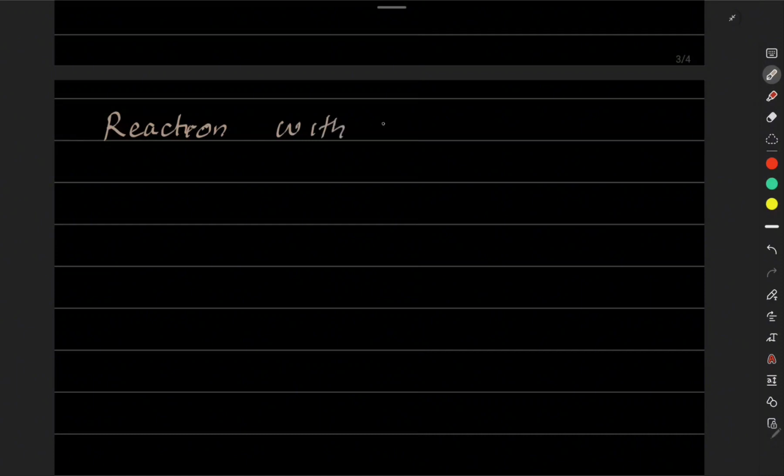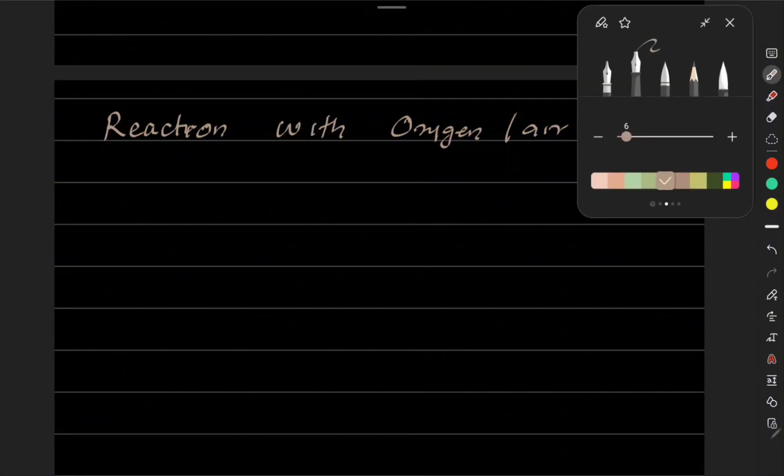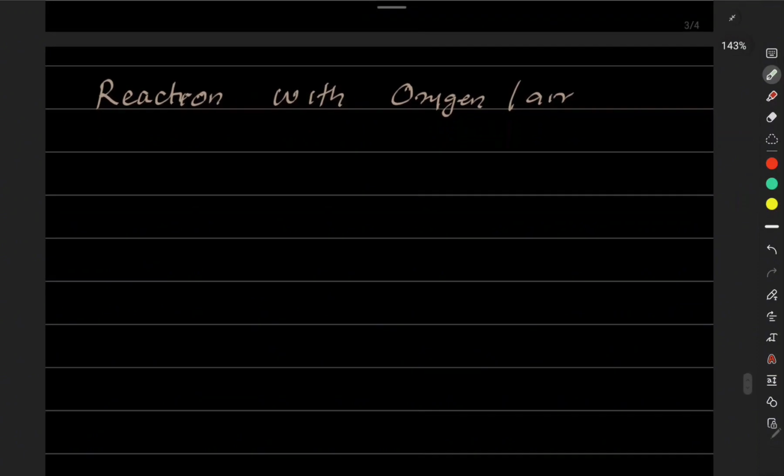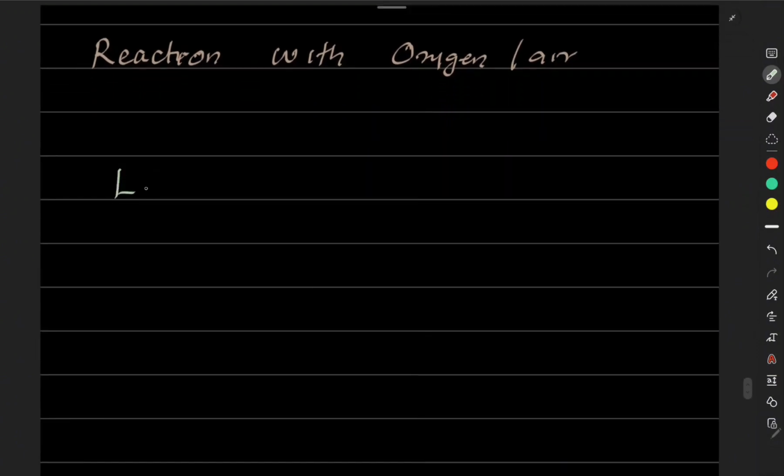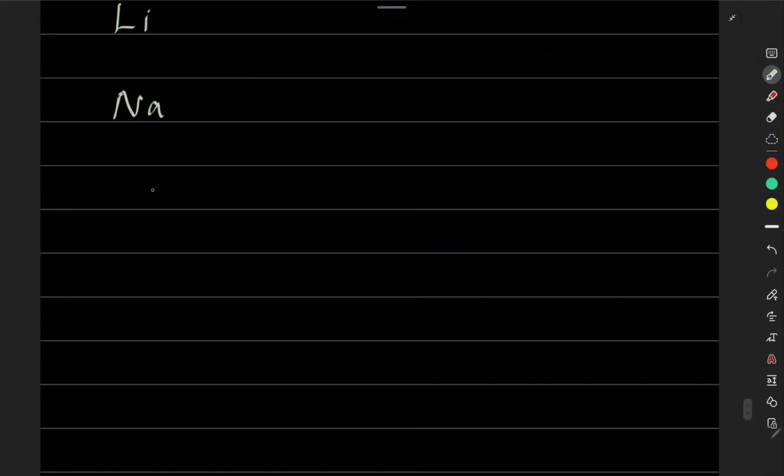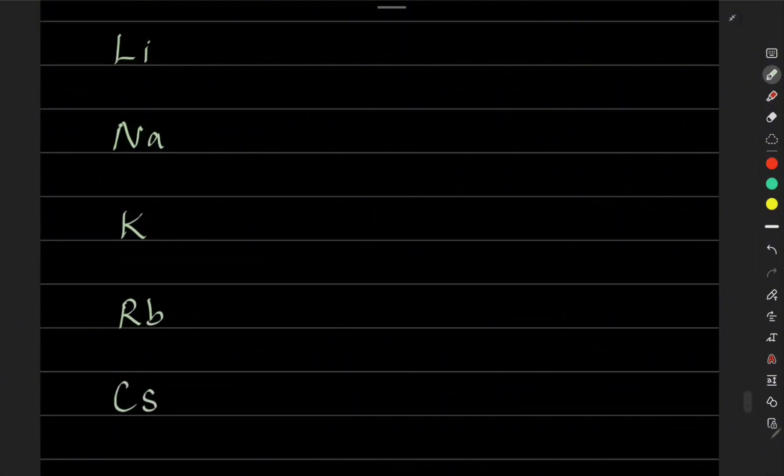Reaction with oxygen. I'll write down the metals again. Lithium, sodium, potassium, rubidium, and cesium.